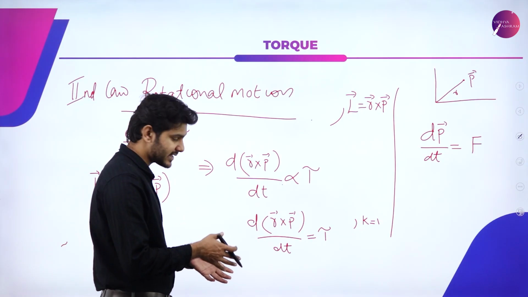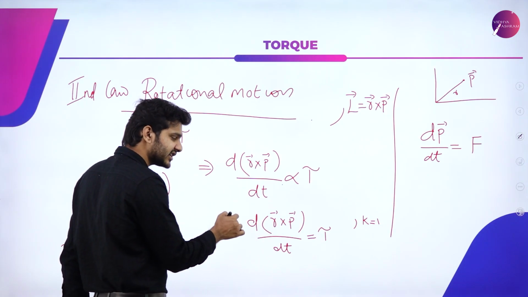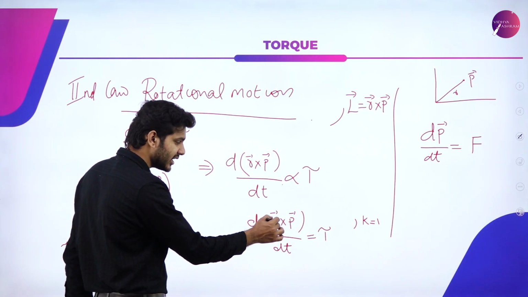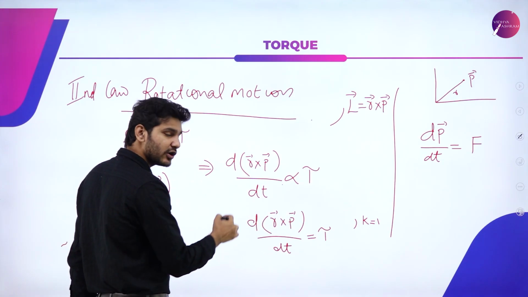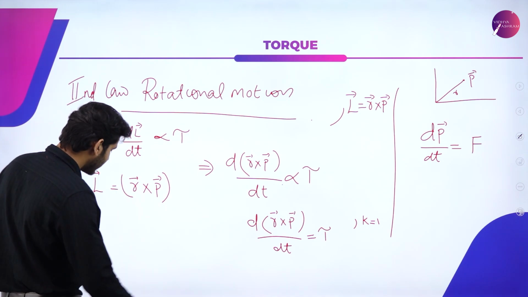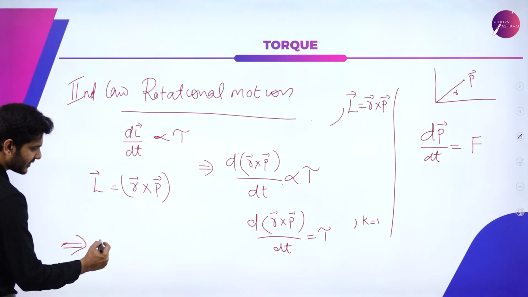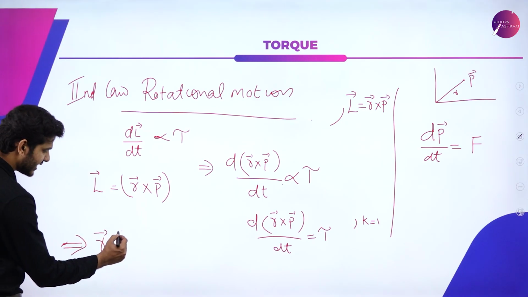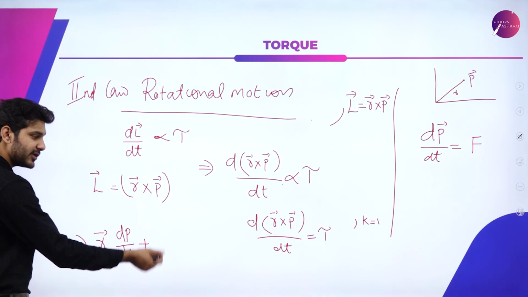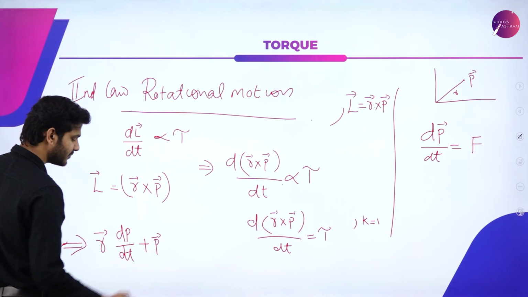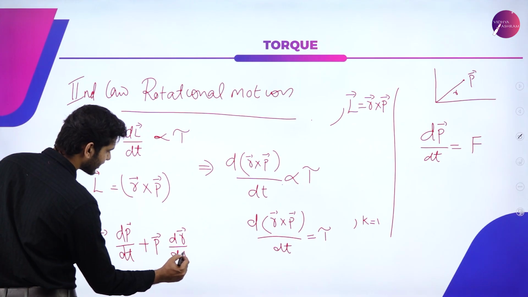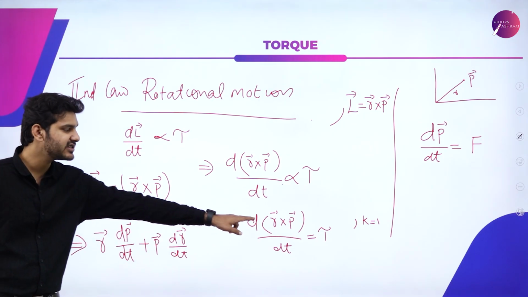The chain rule states that we take the first quantity, keep it outside of the differentiation symbol, and differentiate whatever is remaining, plus now we keep the second quantity outside, which is momentum p, and differentiate whatever is remaining inside, so dr by dt. So this is how the result will look.